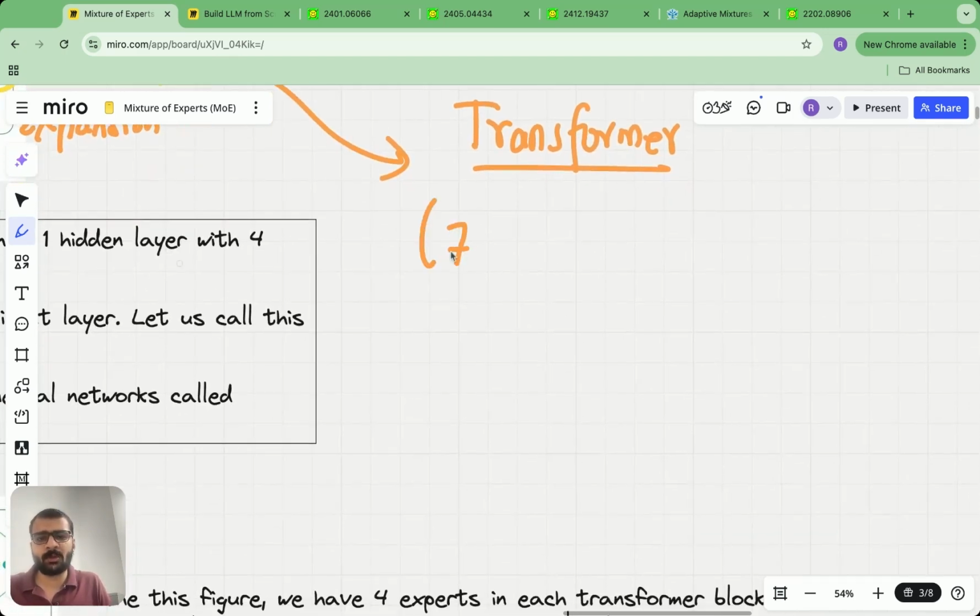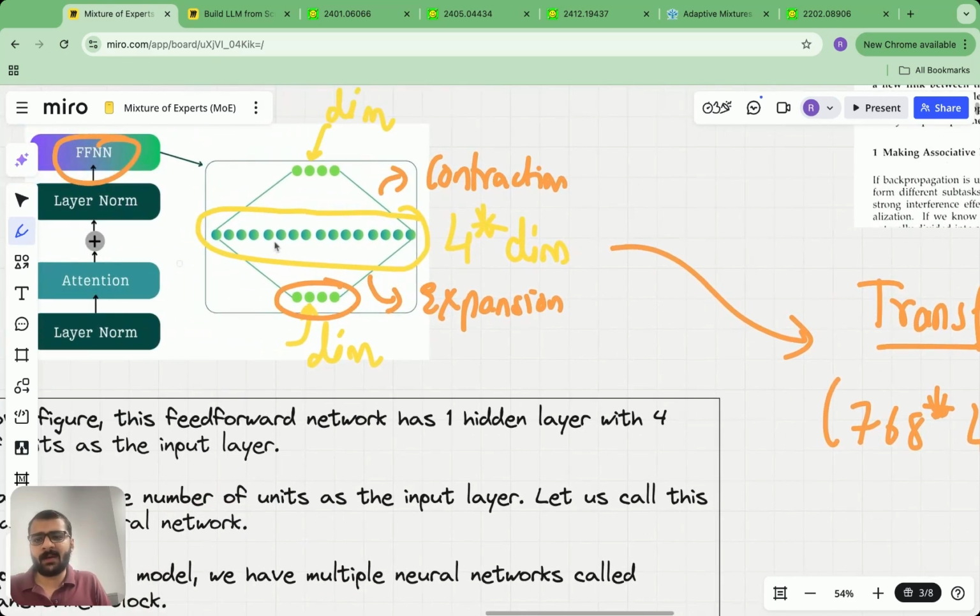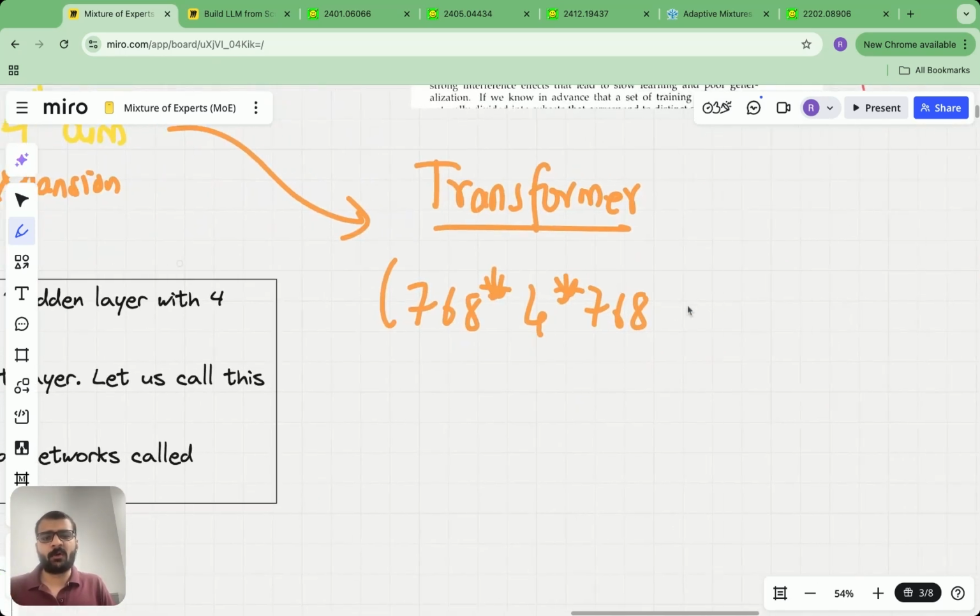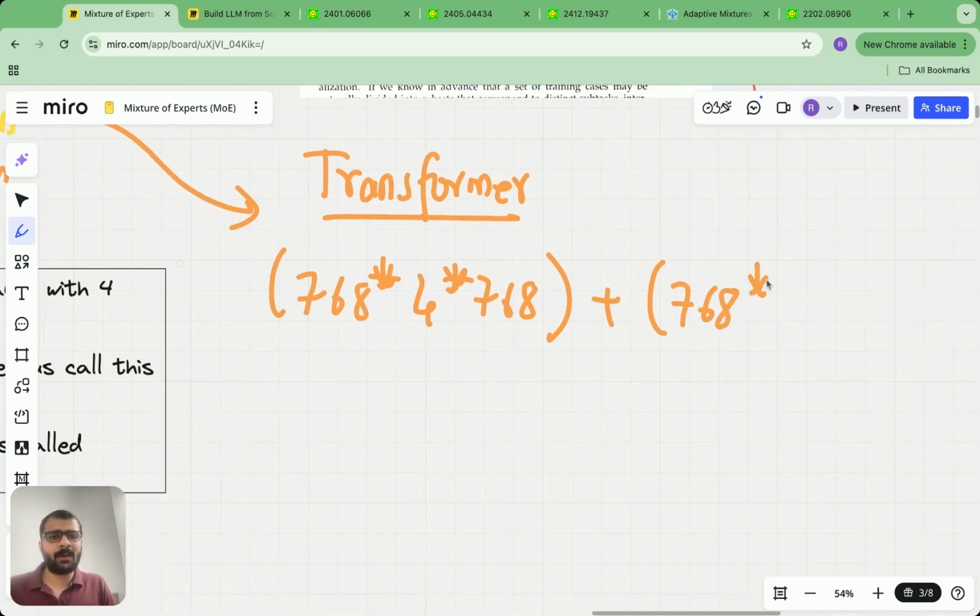So the number of weights will be 768 multiplied by 4 times 768. Those are the number of parameters in the expansion layer, and the number of parameters in the contraction layer are similar. So the number of parameters in the contraction layer are again 768 multiplied by 4 times 768.